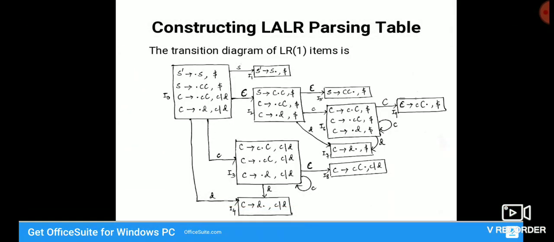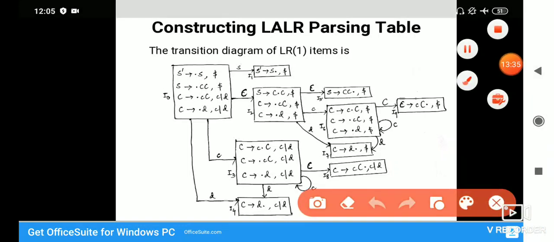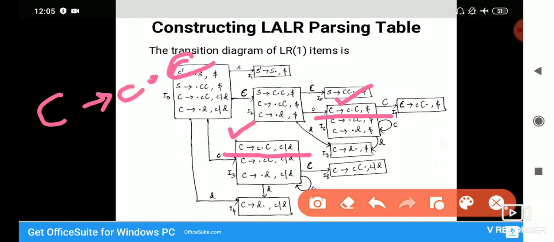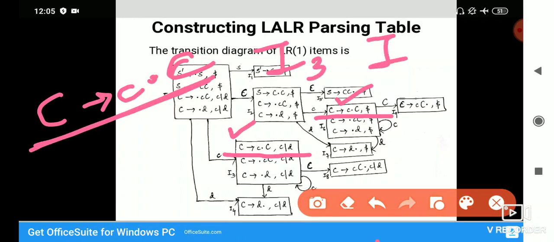Now see, if you observe the I3 and I6 blocks, I am reading one of them: C to C dot C, comma, C by D, and here also you have C to C dot C, comma, dollar. So the first component, C to C dot C, is the same in both I3 as well as I6.